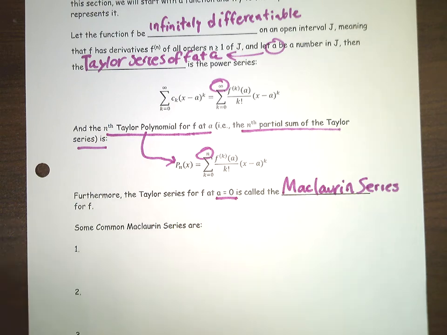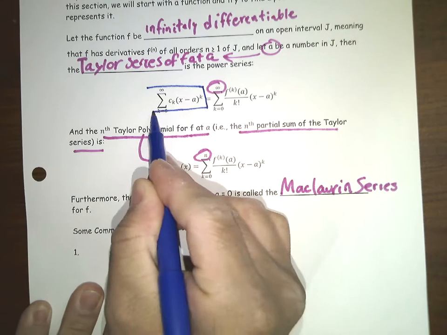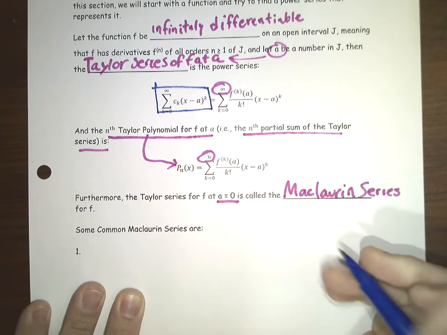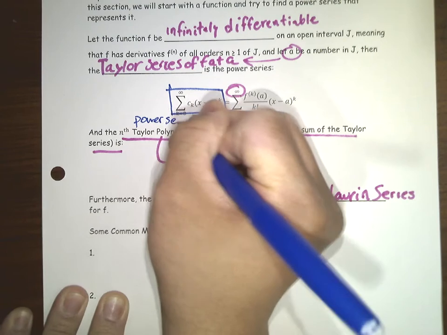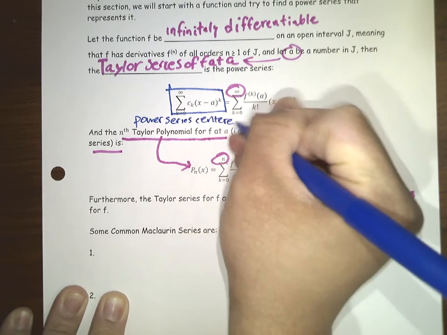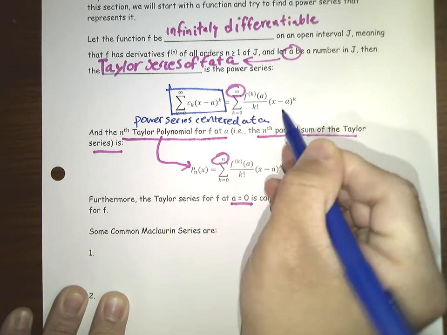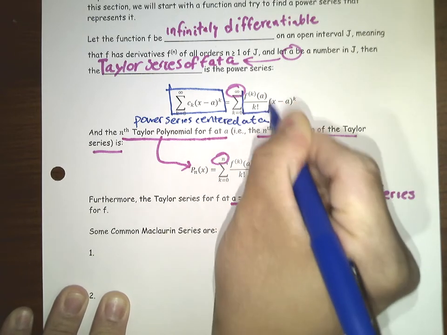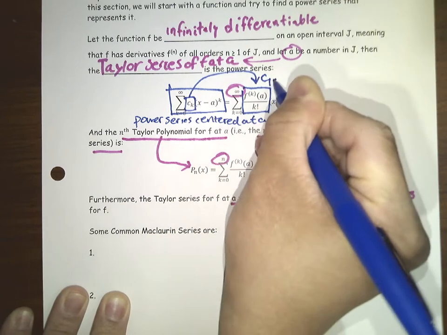All right, so again, let me just make sure that you're all clear on a couple of things, just so that you're all aware of what's going on here. All right, so this right here is exactly like what we would have had before. This is just a power series that is centered at a, and then if you compare this to this, this is the same thing, but this is now what we're saying is the c_k.